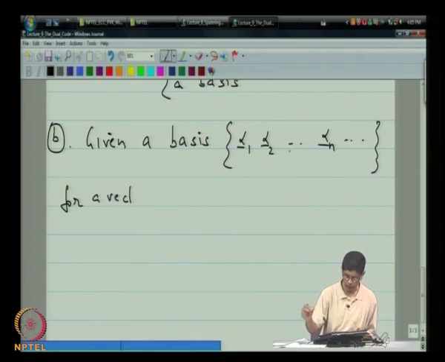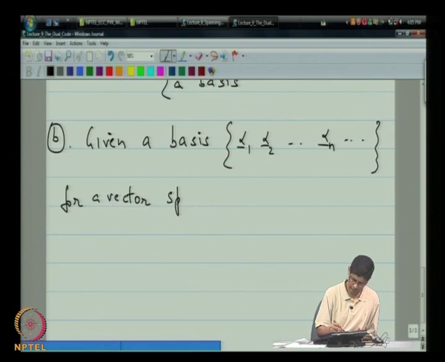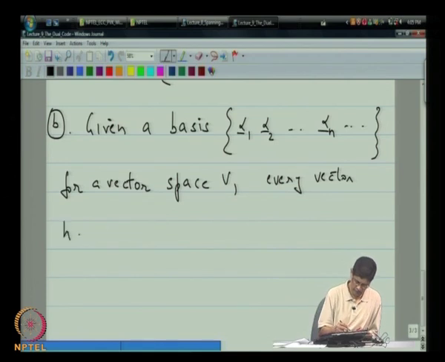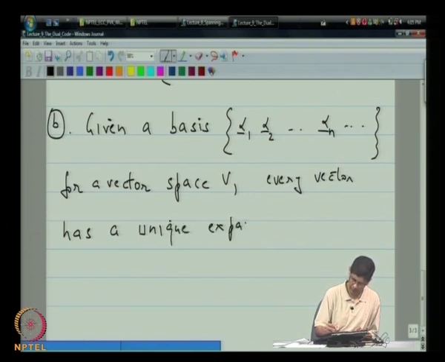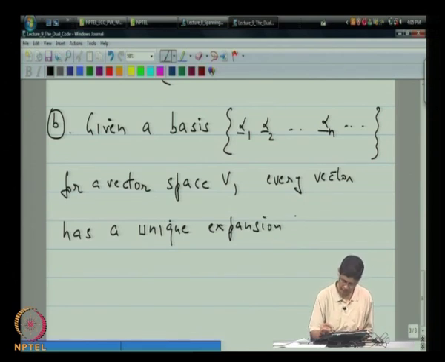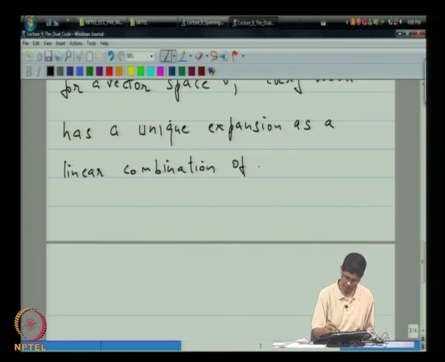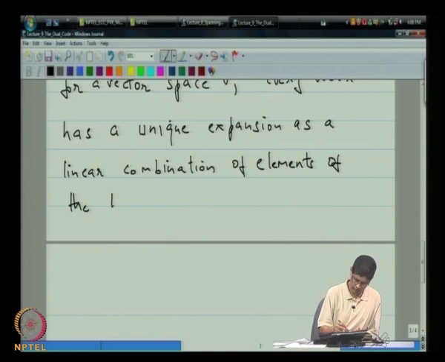So, given a basis alpha 1, alpha 2, dot dot dot for a vector space V, every vector has a unique expansion as a linear combination of elements of the basis.